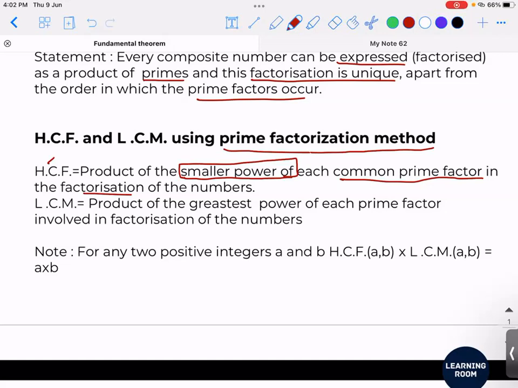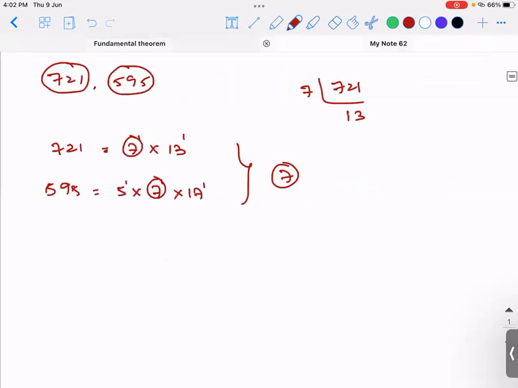So for example, what am I supposed to do with this problem? The 721 and 595. So you take the common prime number. If you observe, the first one has prime numbers 7 and 13. The second has 5, 7, and 17. So what is common in both?